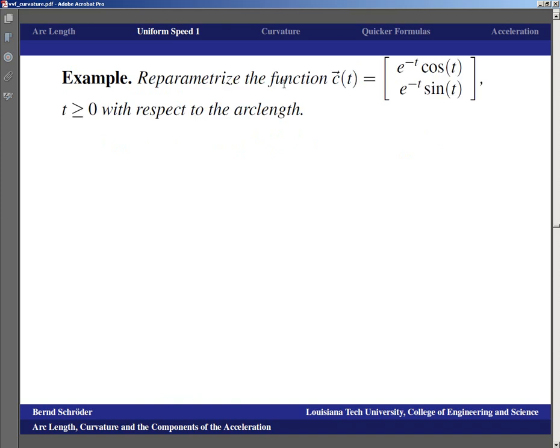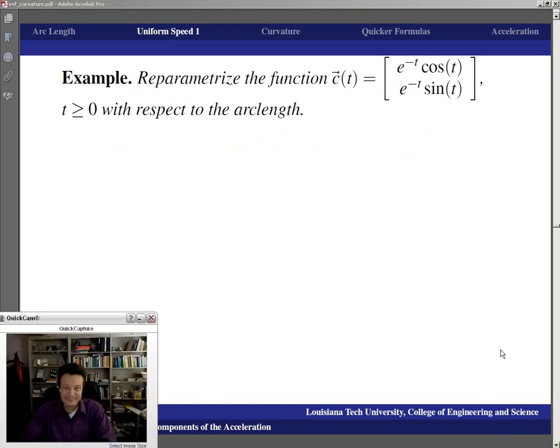Example, well, we can reparameterize the function c of t equals e to the negative t cosine t, with t greater or equal than 0, with respect to the arc length. All right, we're back. Well, you notice that I took a pause here, so I'm certainly practicing what I'm preaching.